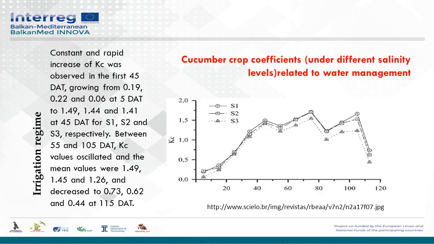As you can see from this graph here, the crop coefficients of the cucumber crop are fluctuating, are different in different stages of its development, and it also depends on the level of the salinity in the irrigation water.